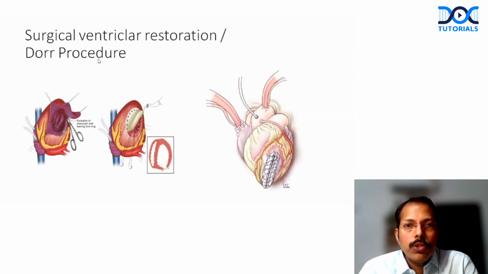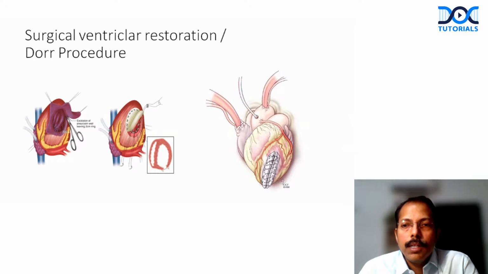And the definitive procedure for this LV aneurysm will be surgical ventricular restoration, or the DOR procedure. So we have to excise the aneurysmal portion, and we have to find a healthy portion, and we have to repair, and we have to maintain the LV geometry, and we have to do a repair of the ventricle.